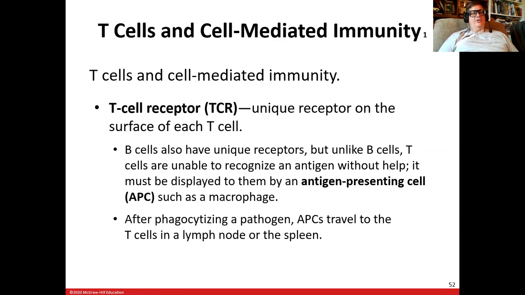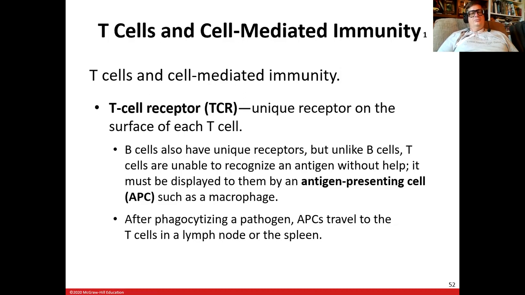So T cells do cell-mediated immunity. You've already heard that. And each T cell is covered with T cell receptors. T cells can't recognize the antigen. You have to have an antigen-presenting cell bring them that antigen. So that could be done by a dendritic cell, by a macrophage.